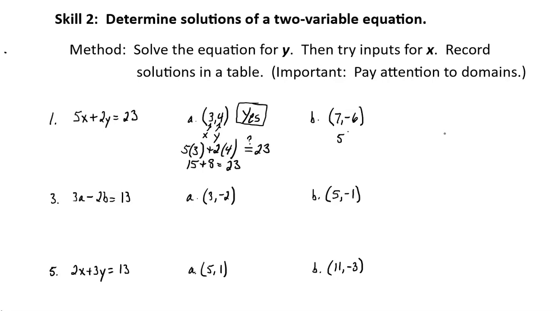So in place of x, put 7, and in place of y, put negative 6. And what we're wondering is, does this equal 23? Well, let's find out. 5 times 7 is 35. And 2 times negative 6 is negative 12. 35 subtract 12 is 23. And so this is yes.